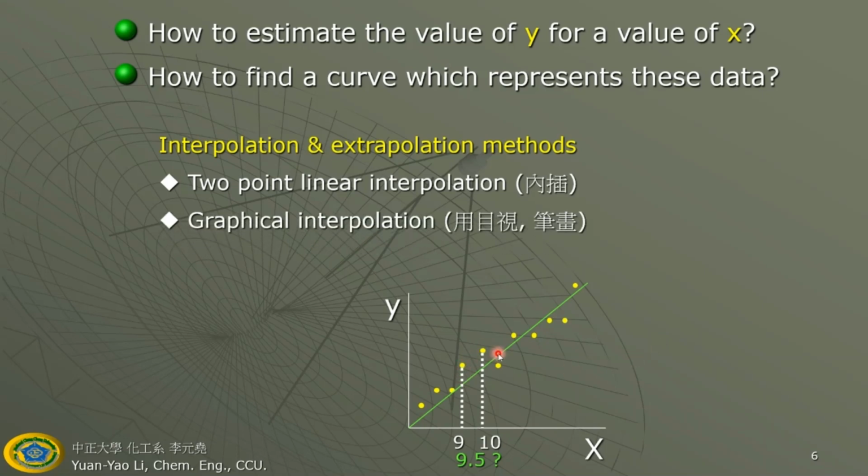Or you can just draw it as you like. You might say, Professor, I don't like this line because I feel it is not correct; I might want to draw a line like this, which is different. Yes, it is possible. Or you might use mathematical curve fitting to find this line.